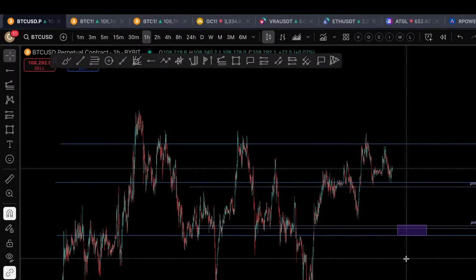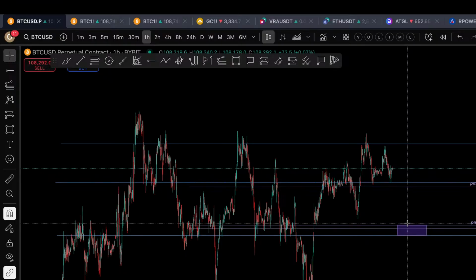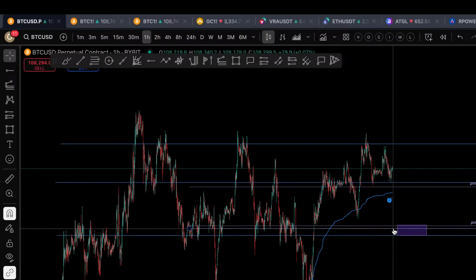Yeah, however, to note that the important thing here is this low would also mean that we're out of this anchored VWAP trend.